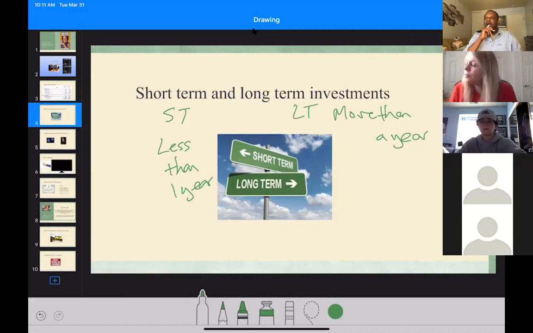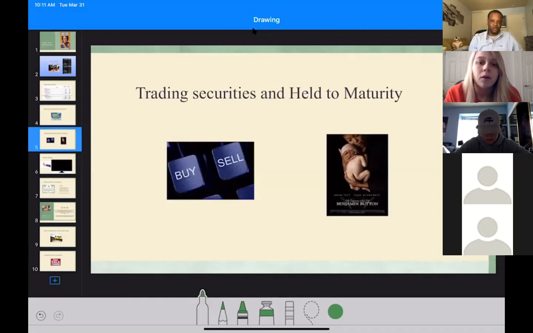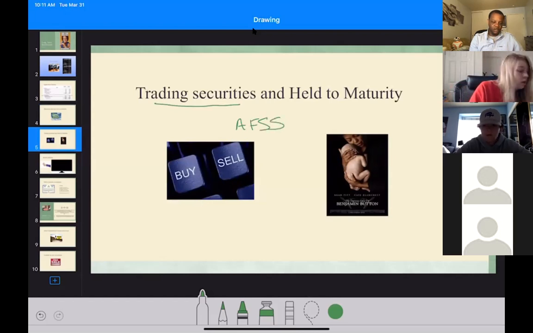When we were talking about investing, when we were in chapter 5 and we touched a little bit on investing, we talked about three different types of investing. There were trading securities, and then there were available for sale securities, and then we had held to maturity securities.